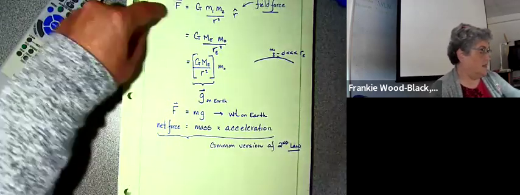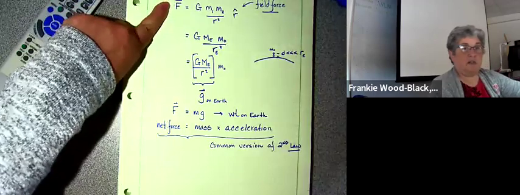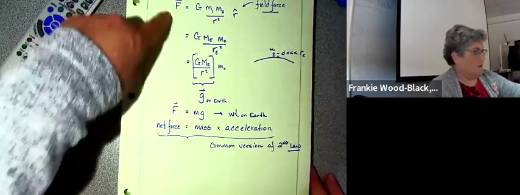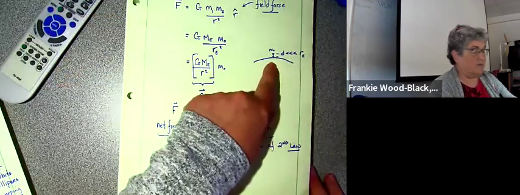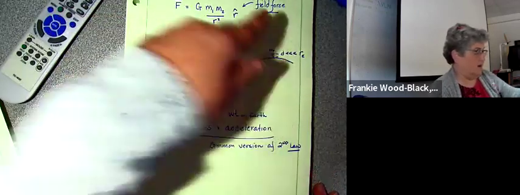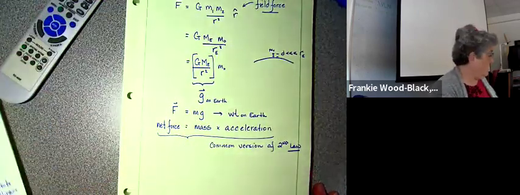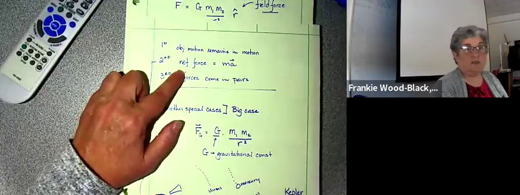So this is the more formal version that deals with gravity. We can approximate it for our items here on Earth, which gives us our weight, which gets us back to our second law.